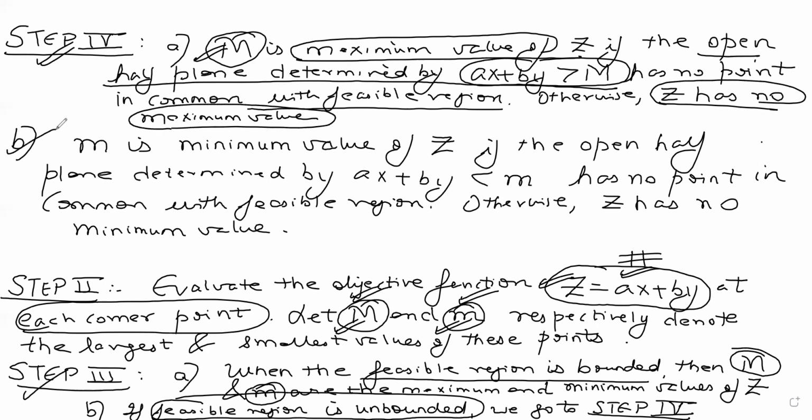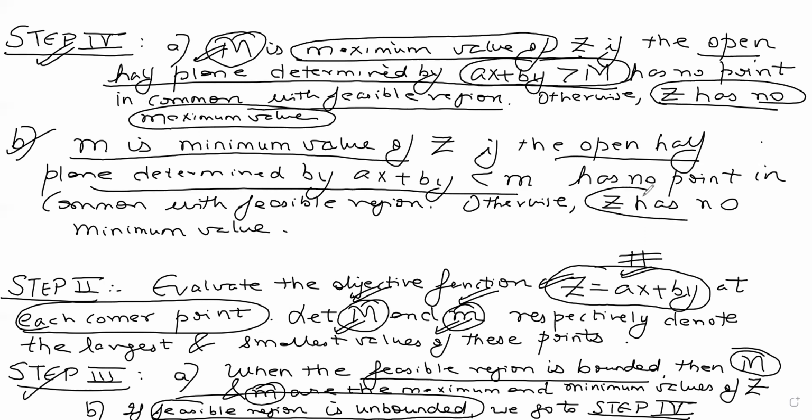On the other hand, small m is the minimum value of the objective function Z if the open half plane determined by ax plus by less than m has no point in common with the feasible region. If it has a point in common with the feasible region, then Z has no minimum value. So these are the 4 steps for solving the linear programming problem by the corner point method.